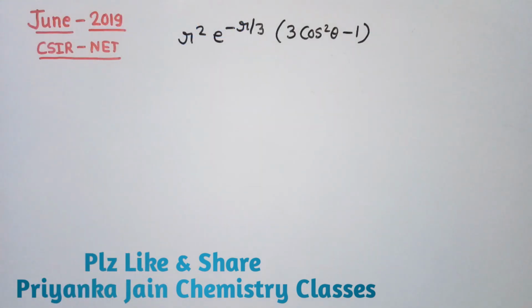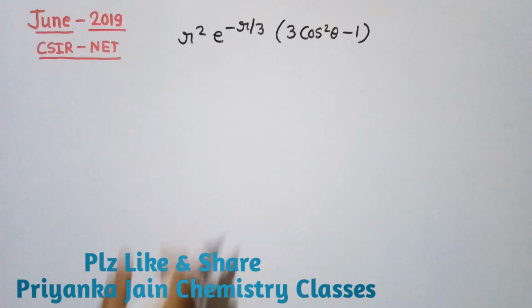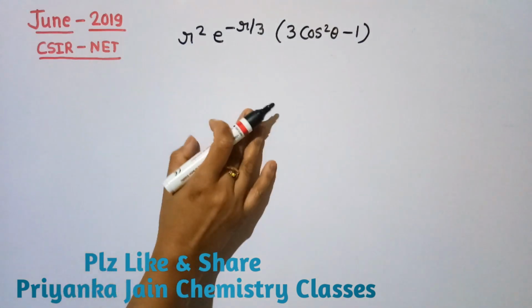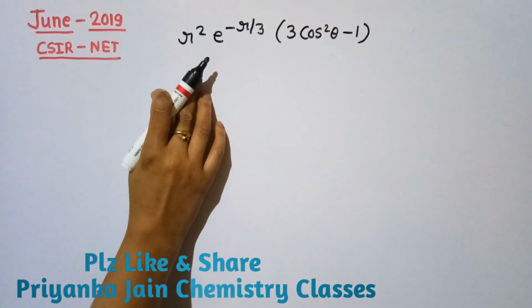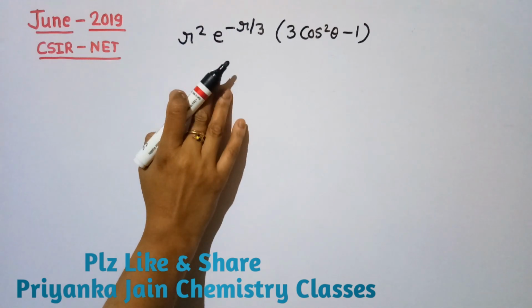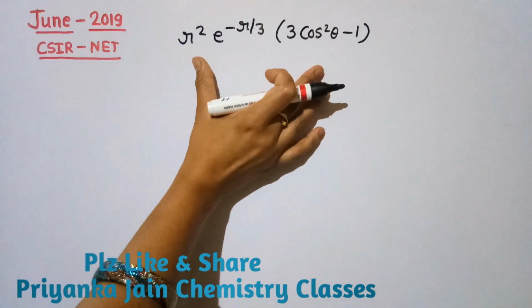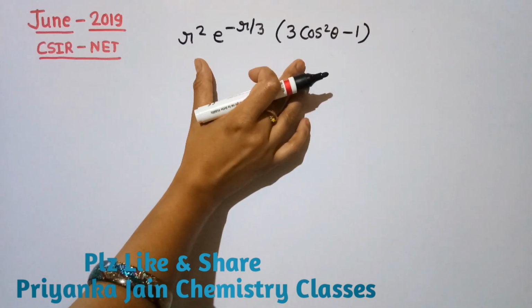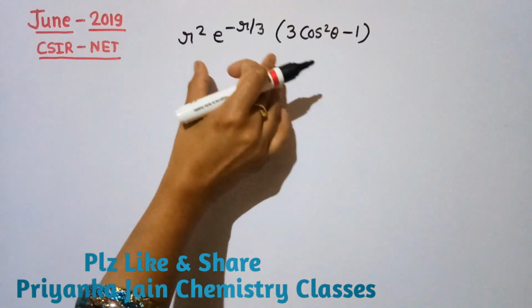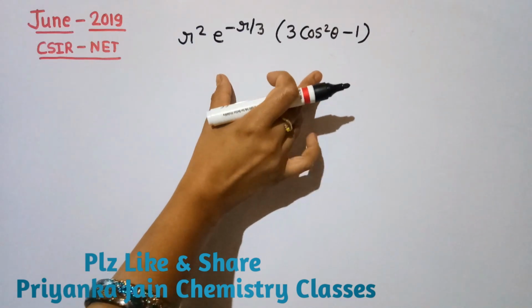Alright, firstly see this question from the June 2019 question paper of the CSIR NET exam. I am not writing the whole question here because it would get very lengthy. The question says an unnormalized wave function of the hydrogen atom is given, and we have to find the values of n, l and m.